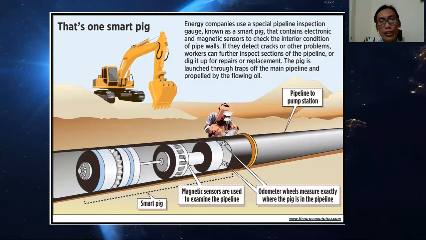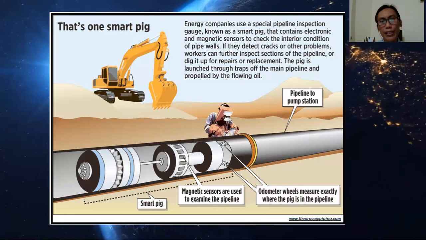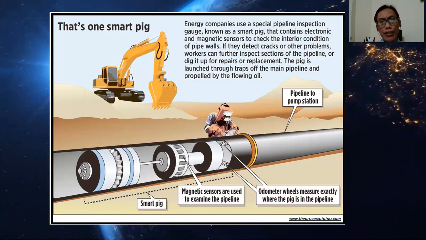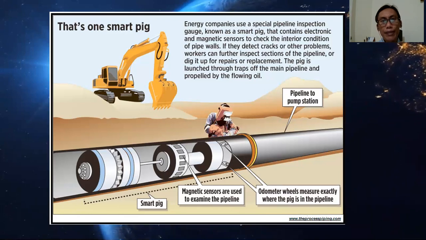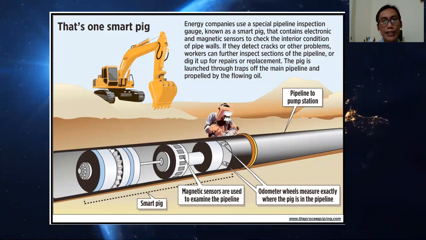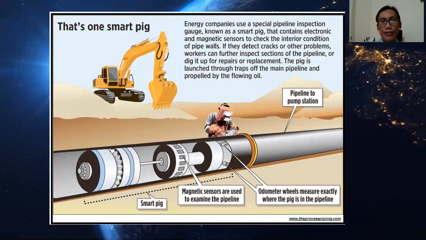Once we find a problem, it is easy to identify which part of the pipeline should be repaired or maintained. Once the pigging process is finished, all the data is transmitted to the system and can be analyzed further.